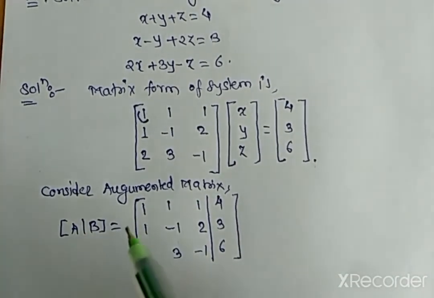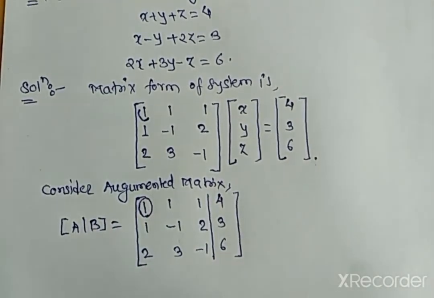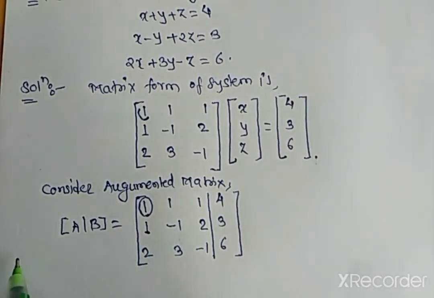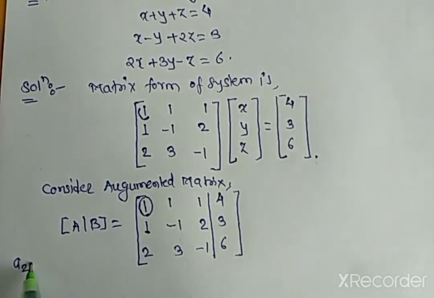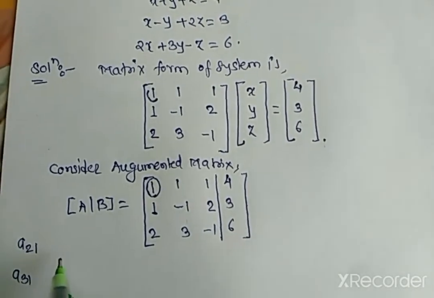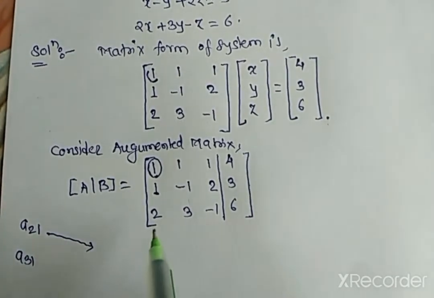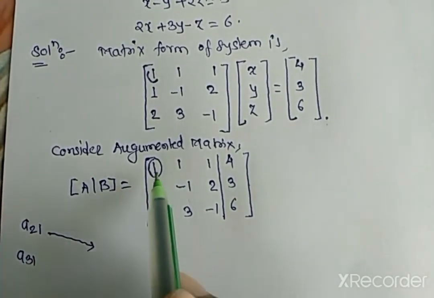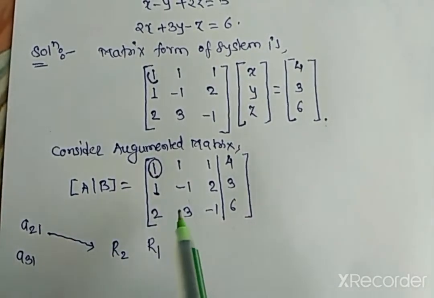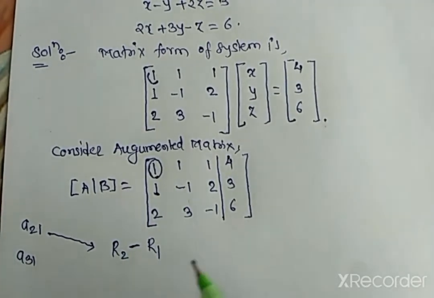Now here a11 has a leading one, so we have to make 0 at positions A21 and A31. For A21, the row operation will be between R2 and R1, as both are 1. So 1 minus 1 is 0 directly, so we can subtract directly, R2 minus R1.